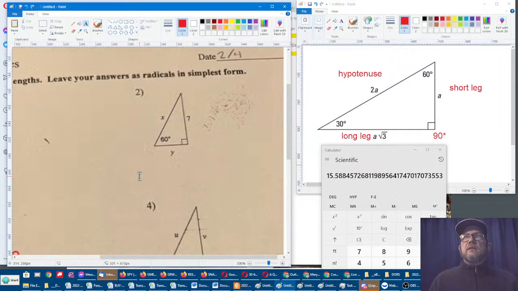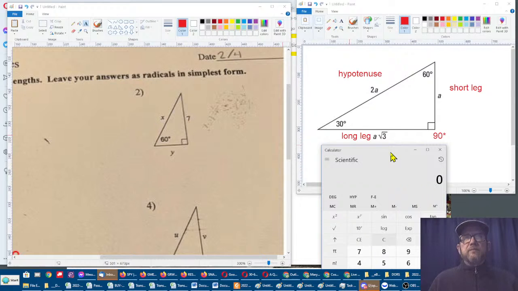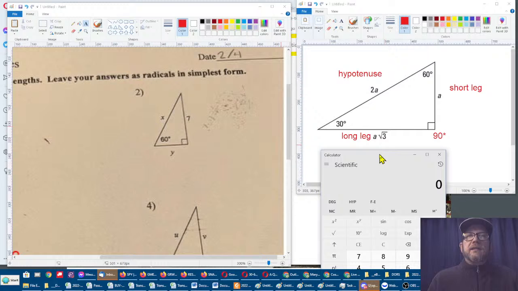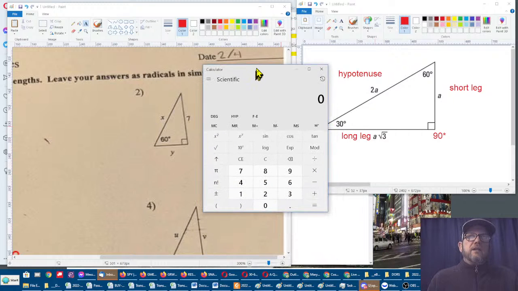And then let's go to number 2. So you got 7 for your long leg. It's going to be a little tricky, and you have to reverse, because 7 is part of your long leg.